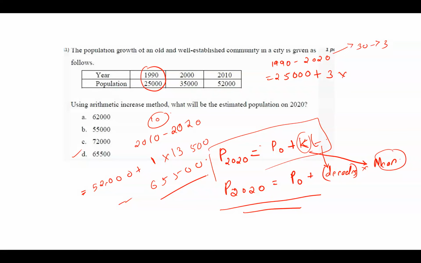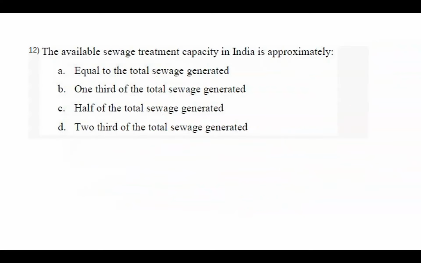So it is 3 into 13,500. In both methods you get the same answer. I hope the arithmetic increase method is clear to everyone now. Okay, clear. Thank you.